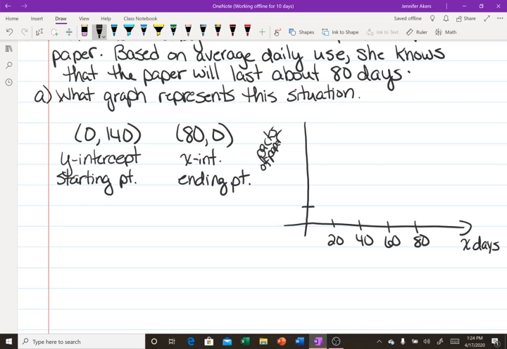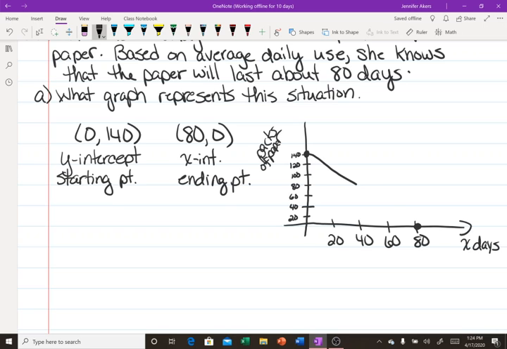Let's go by 20, but let me split this. 20, 40, 60, 80, 100, 120, 140. So we start with 140 packs of paper. After 80 days we have 0 packs of paper.